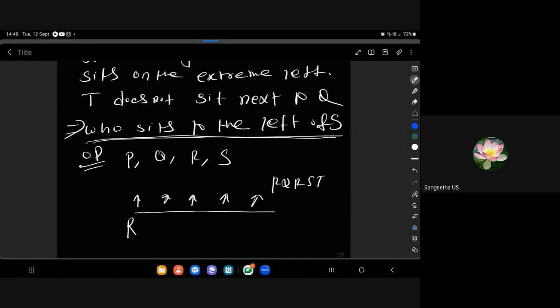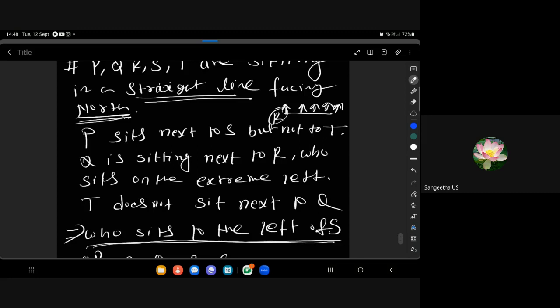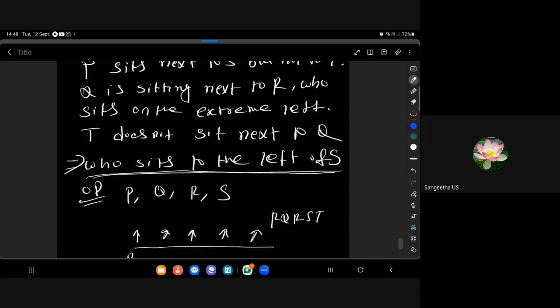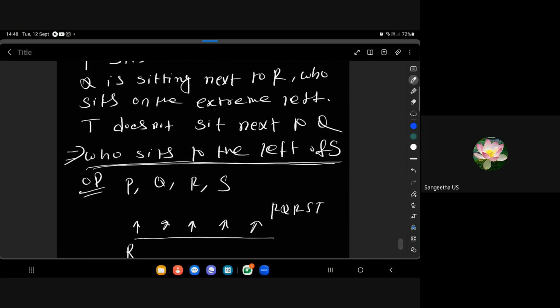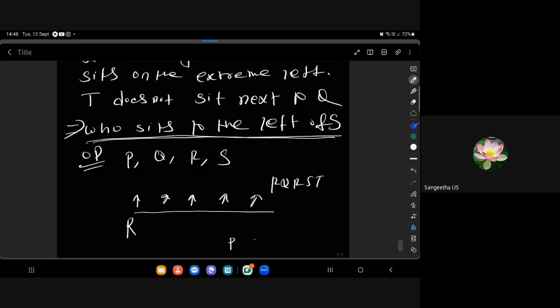Yes, Bhaiya. Okay. The next is P sits next to S but not to T. So it will be like this. You can't put T adjacent to P, on either the right side or the left side, because they have mentioned that P is sitting next to S but not to T. So this will be like this, PST, right?